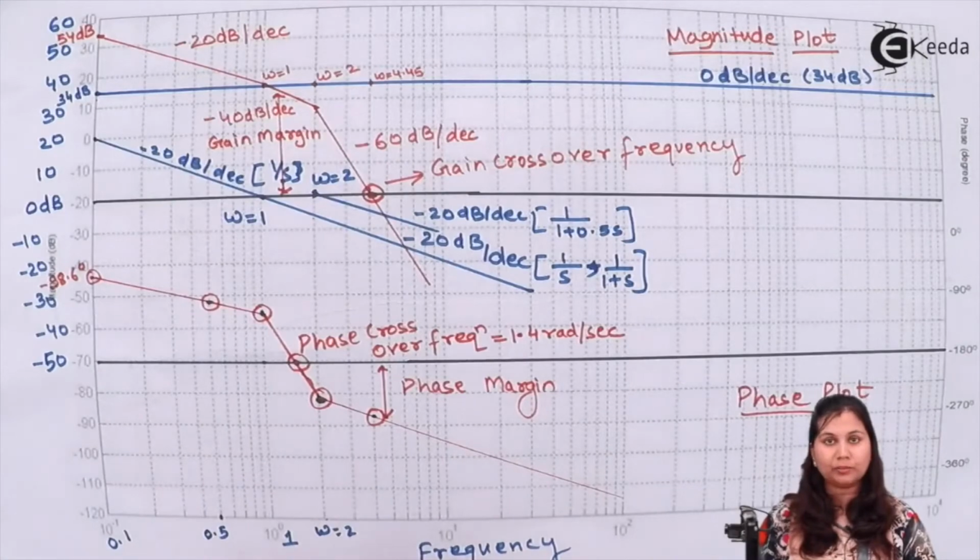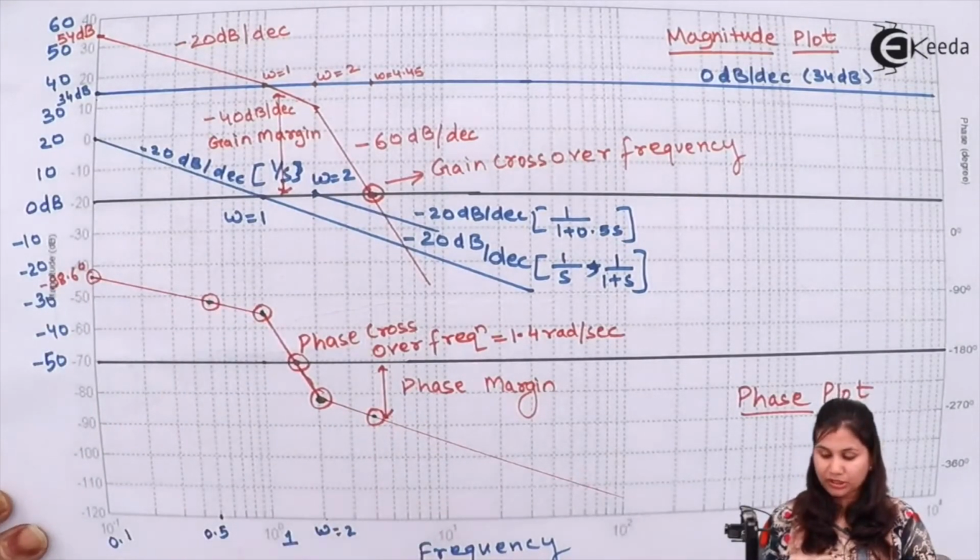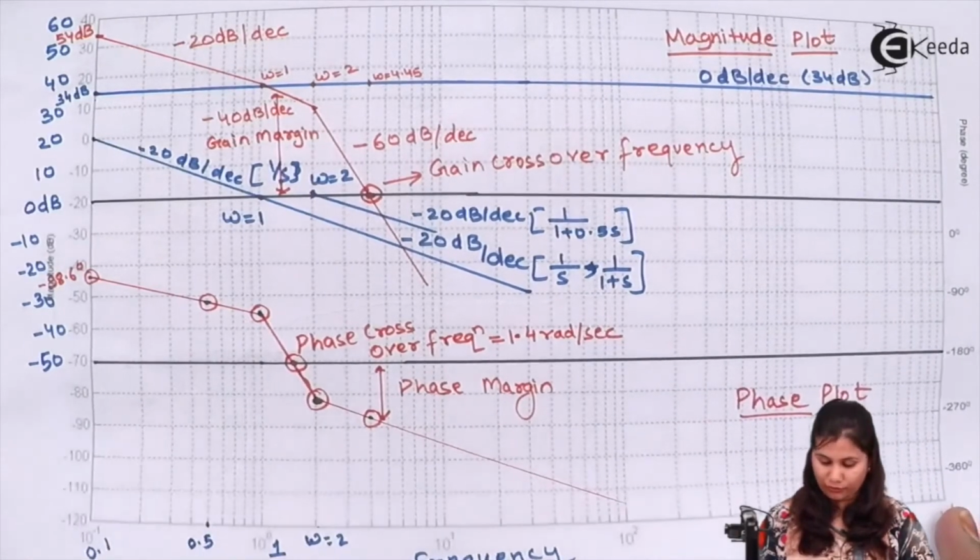So we have sketched the Bode plot of the system, and also we have calculated the gain margin, phase margin, gain crossover frequency and phase crossover frequency.